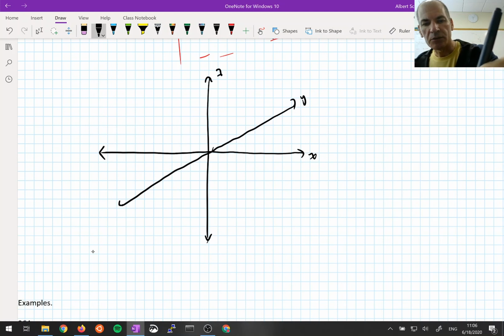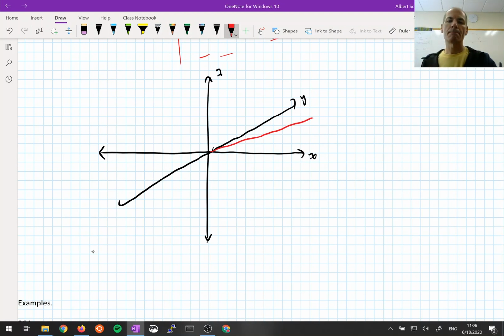Remember that that angle is from the North Pole, from the positive z-axis, so it's kind of going out like this. Let me change colors. And that's this angle right here, 5 pi over 6.